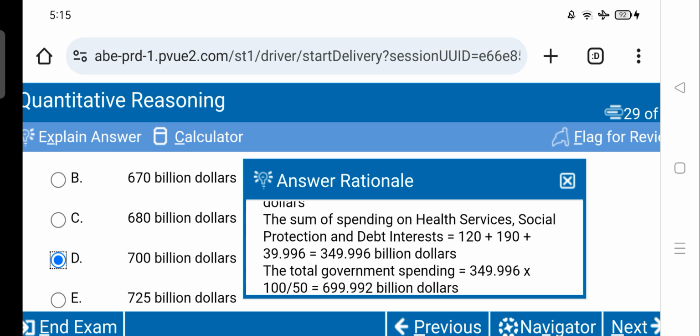The total government spending equals 349.996 multiplied by 100 divided by 50, which equals $699.992 billion.